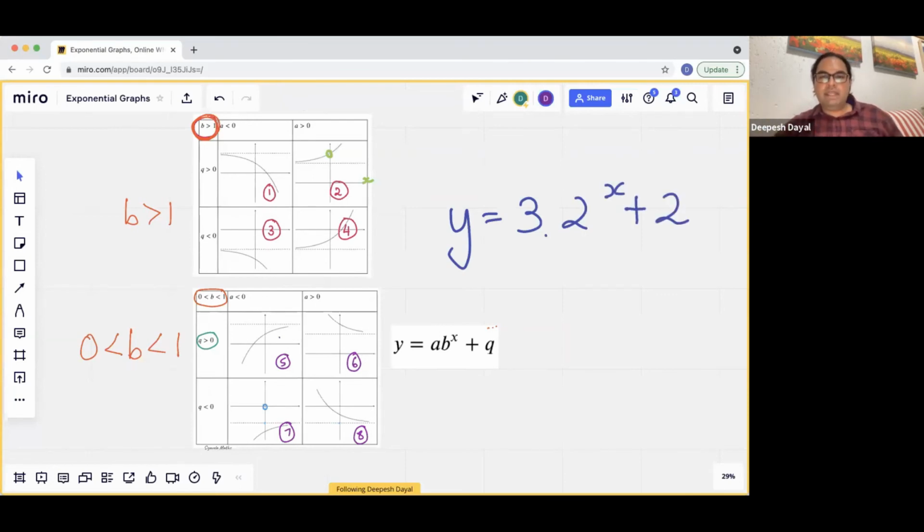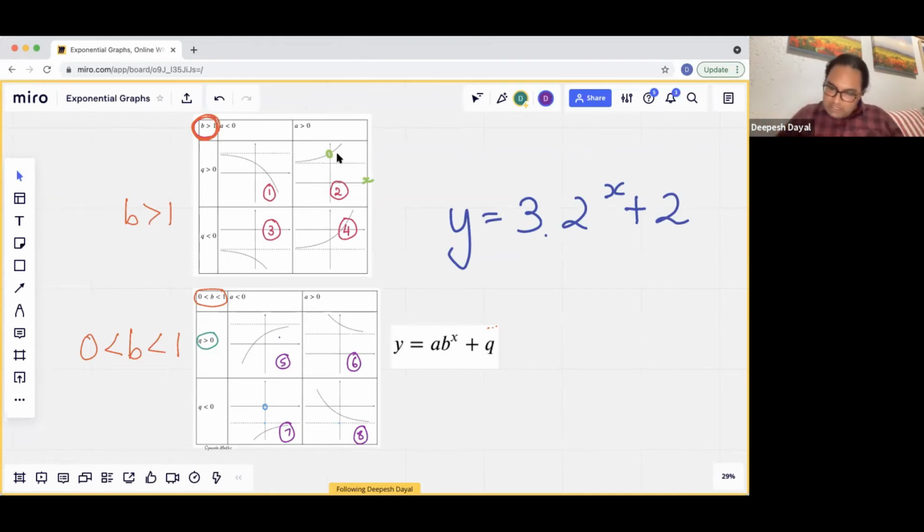Which one will it be? Come, let me know which graph it will be. A lot of people are saying 2, but I've got somebody saying 3 here as well.